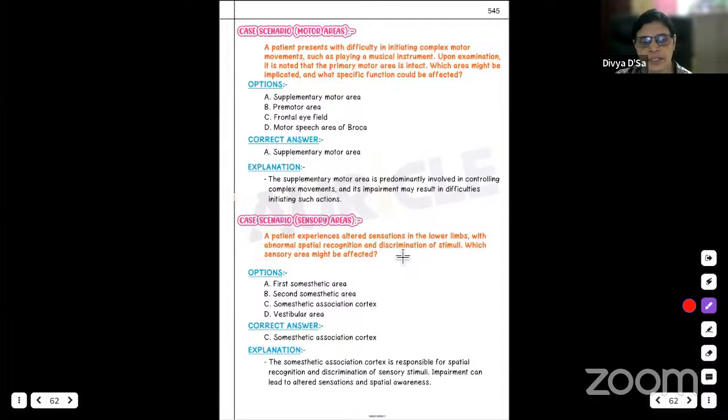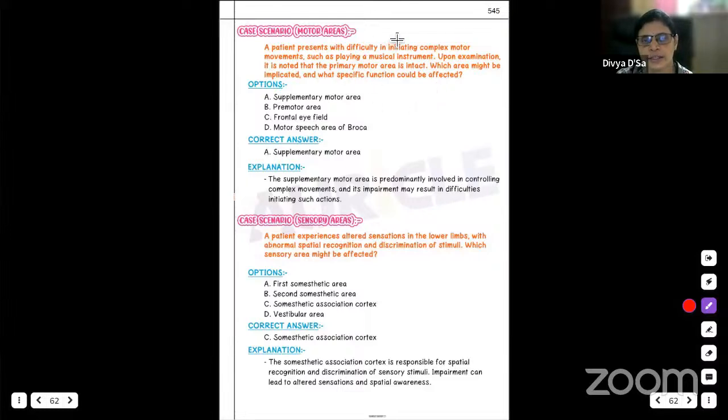Okay, so we'll see some case scenarios. A patient presents with difficulty in initiating complex motor movements, such as playing a musical instrument. Upon examination, it is noted that the primary motor area is intact. Which area might be implicated and what specific function could be affected?